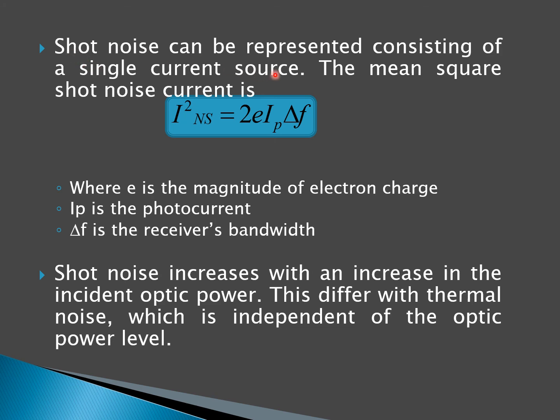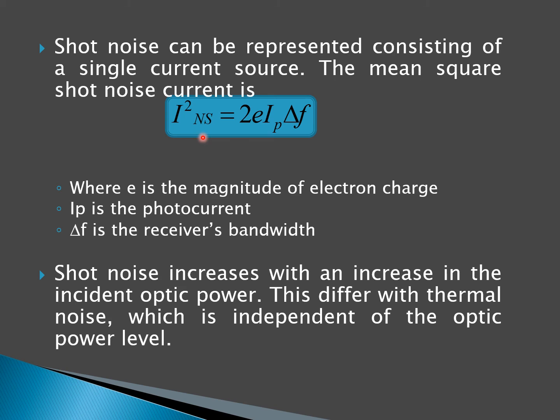Shot noise can be represented as a single current source. The mean square shot noise current is given by this formula. Again, it's mean squared, so the unit will be ampere squared.